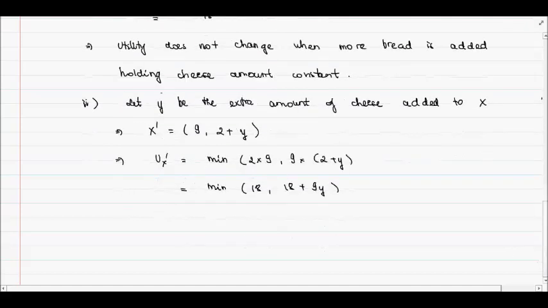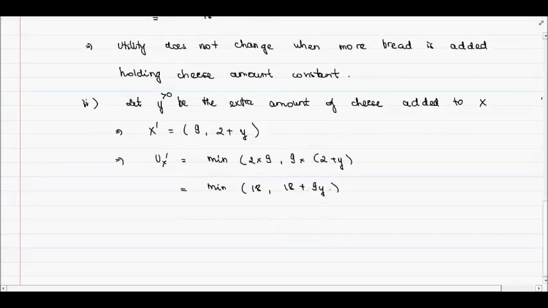Given that y is positive, which is the extra amount, 18 plus 9y is always going to be bigger than 18, so the minimum is going to be 18. Again, the utility level is exactly the same as for the original consumption bundle X. So utility doesn't change.